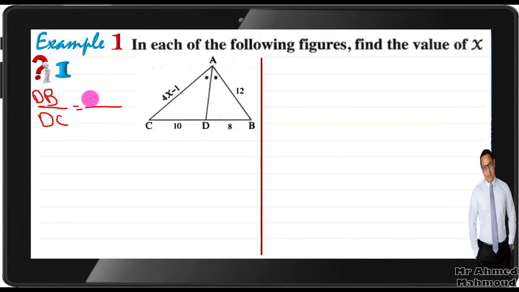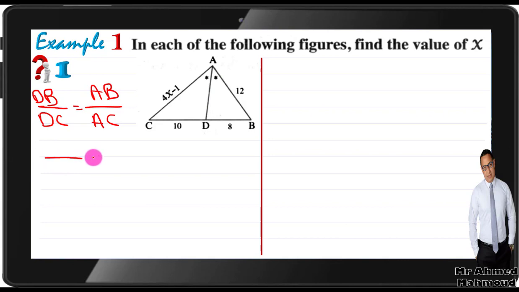Note that D is repeated 2 times and A is repeated 2 times. D and A are the outer points of the line segment or the ray of division. So DB over DC equals AB over AC.